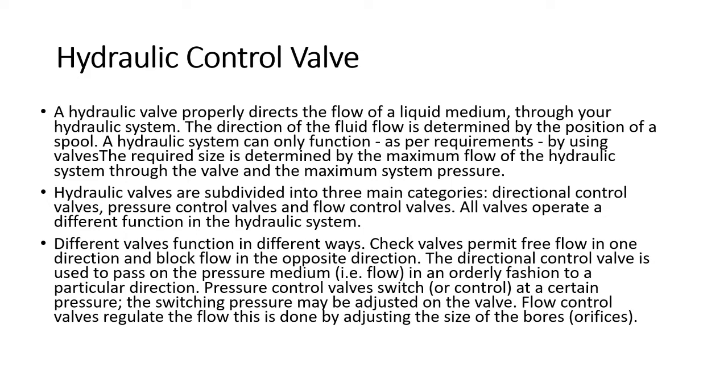The directional control valve is used to pass on the pressure medium in an orderly fashion to a particular direction. Pressure control valve switches to a certain pressure, and then switching pressure may be adjusted on the valve. Now, flow control valves regulate the flow, which is done by adjusting the size of the orifices.